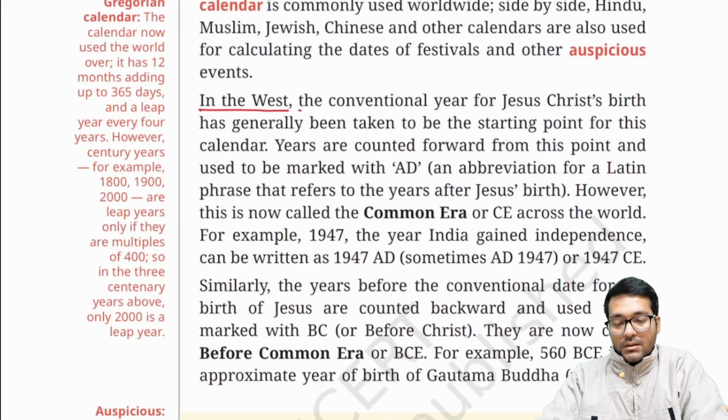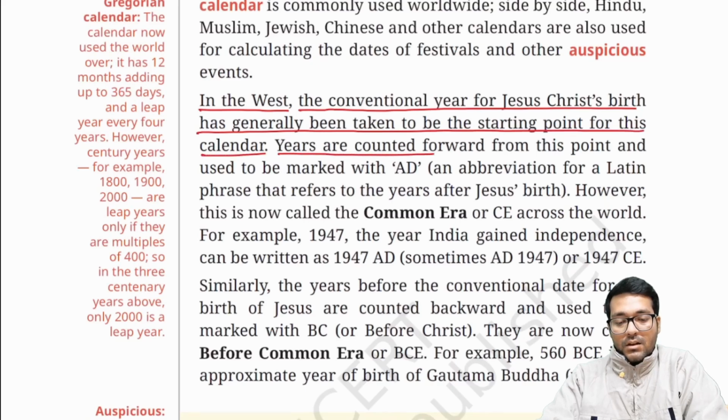In the West, the conventional year for Jesus Christ's birth has generally been taken to be the starting point of this calendar. Years are counted forward from this point and used to be marked with AD, an abbreviation for a Latin phrase that refers to the years after Jesus' birth.